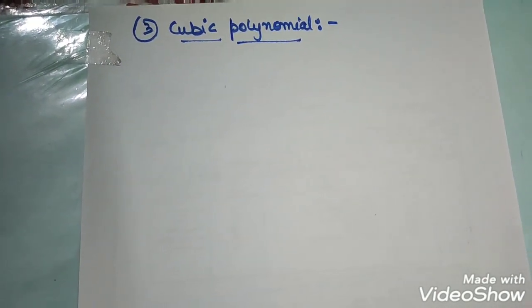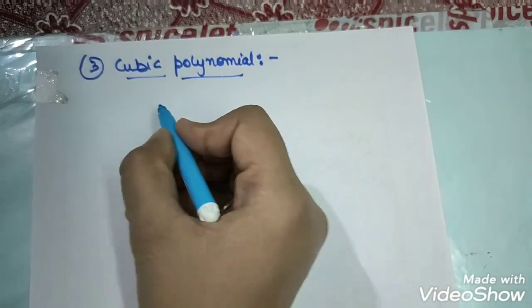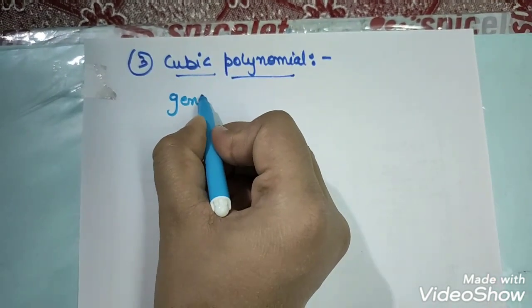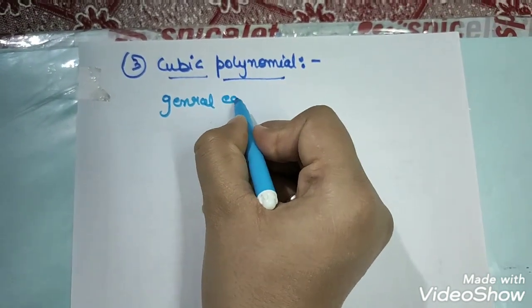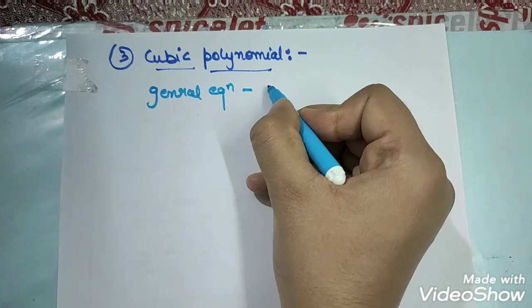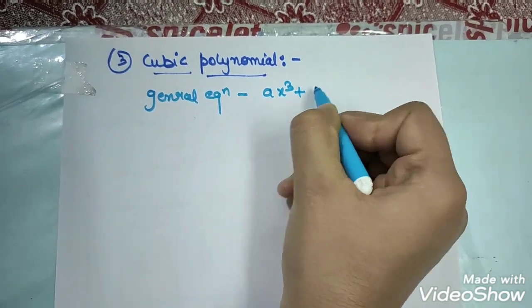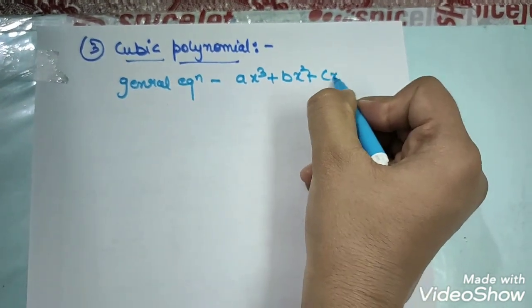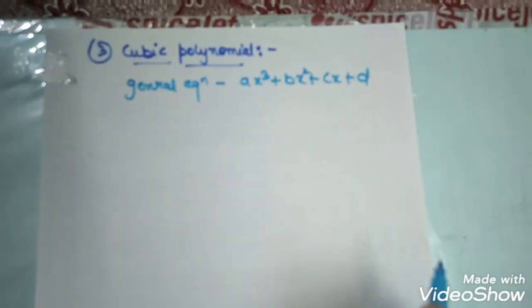Then it is called a cubic polynomial. So the general equation of a cubic polynomial is ax cube plus bx square plus cx plus d.